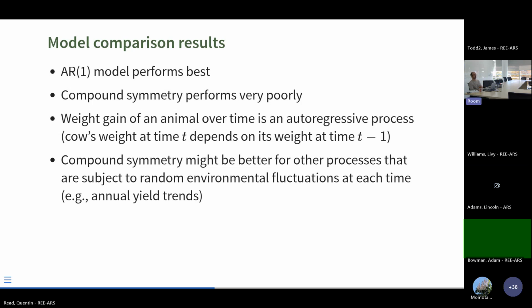We actually have biological knowledge that this may be a good model. But like I said a minute ago, if something is subject to random environmental fluctuations, compound symmetry might be better because there's not as much of a time dependence of the correlation. Things are just more random.